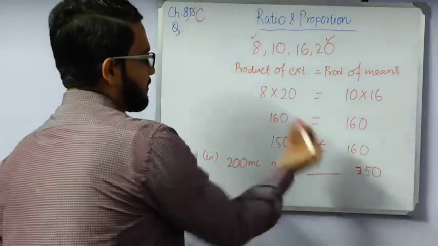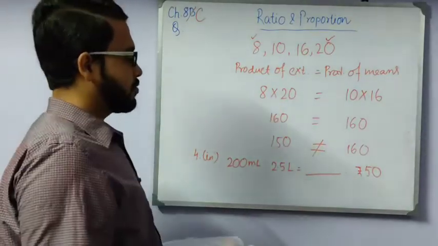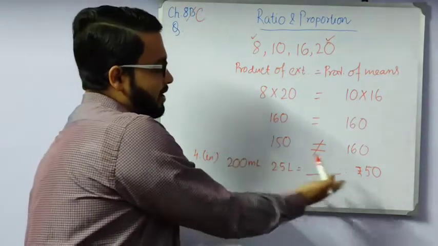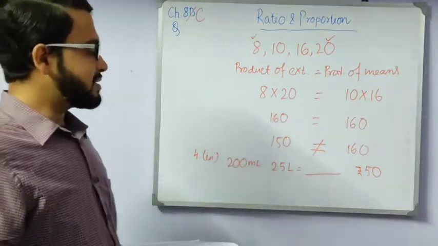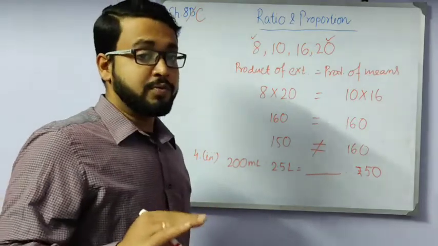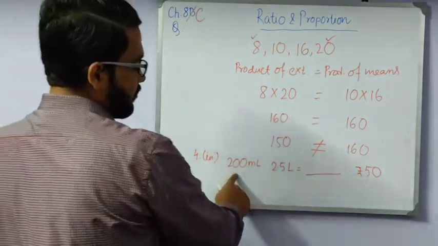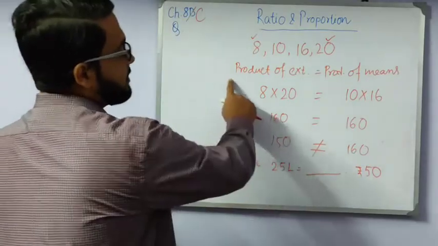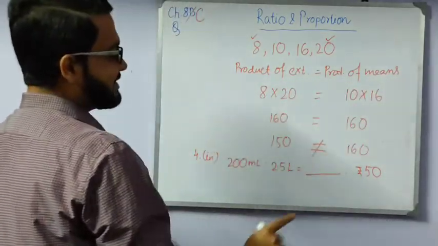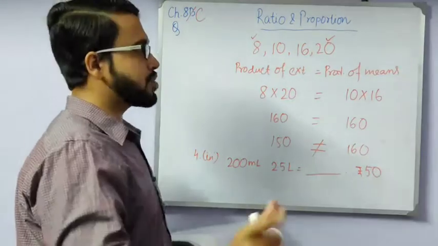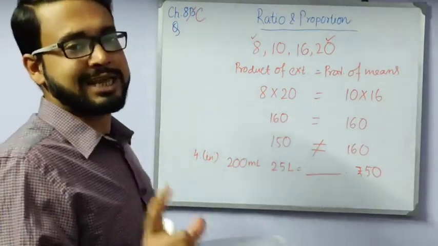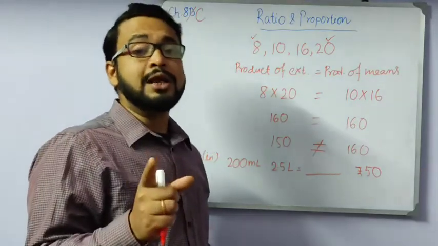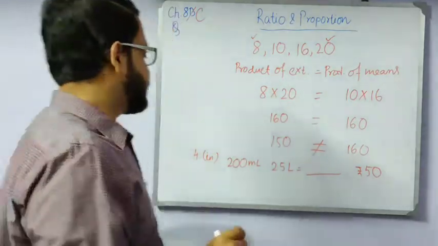So what will go here? If you look very carefully, these 4 numbers are in proportional form. These 2 are extremes and these 2 are means. So from this given equation, we can easily say product of extremes is equal to product of means. By changing their side, we can find out the value of x, as we do in linear equations.